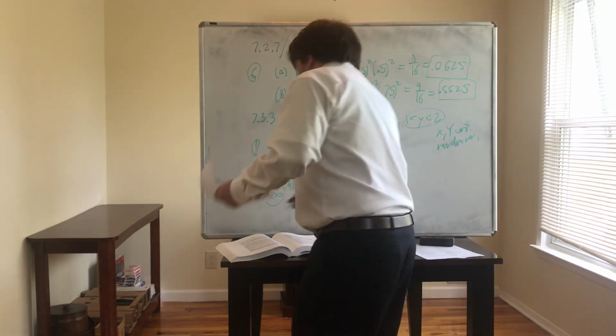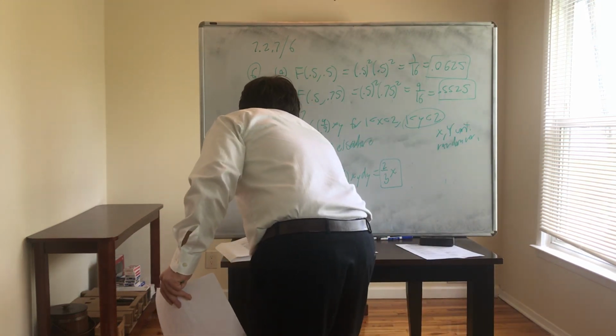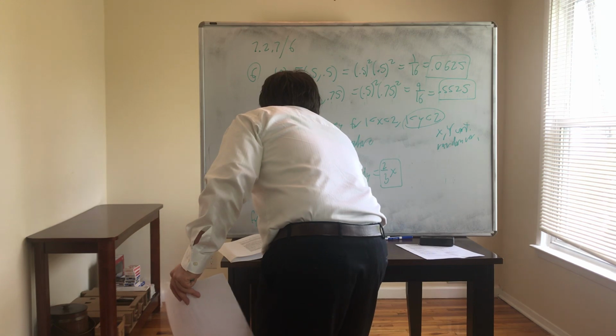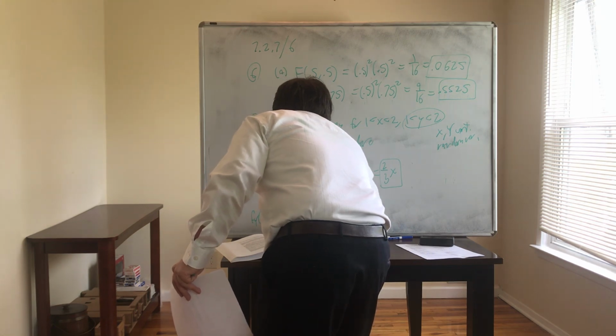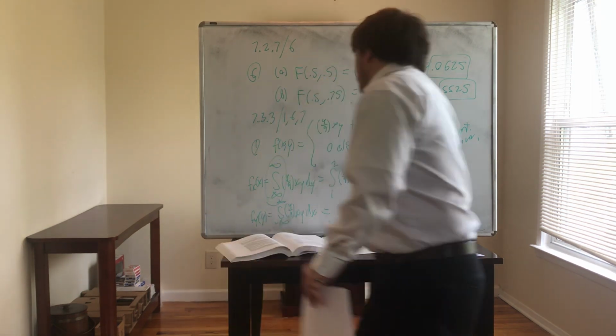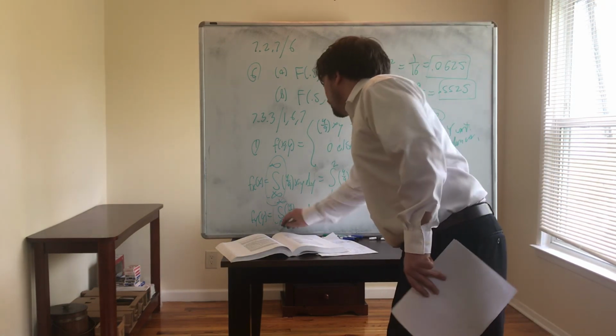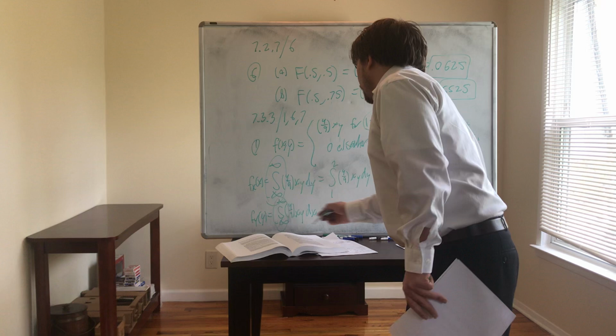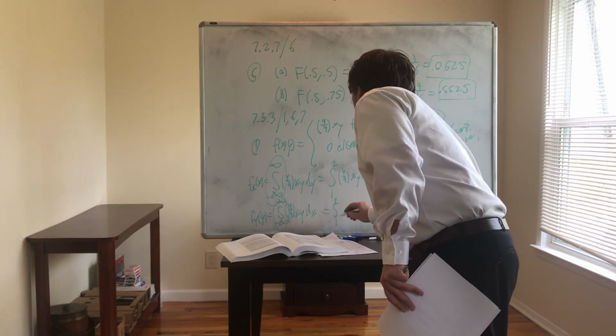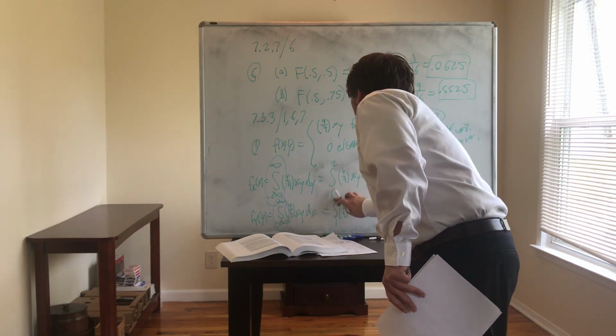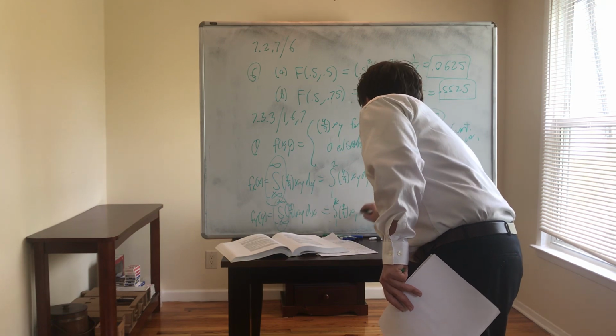Okay, and if you find f sub y of y, that's equal to the integral from negative infinity to infinity of 4/9 xy dx. Now, x only goes from 1 to 2, so you can reduce the limits of integration to 1 to 2. That's the definite integral from 1 to 2 of 4/9 xy dx.